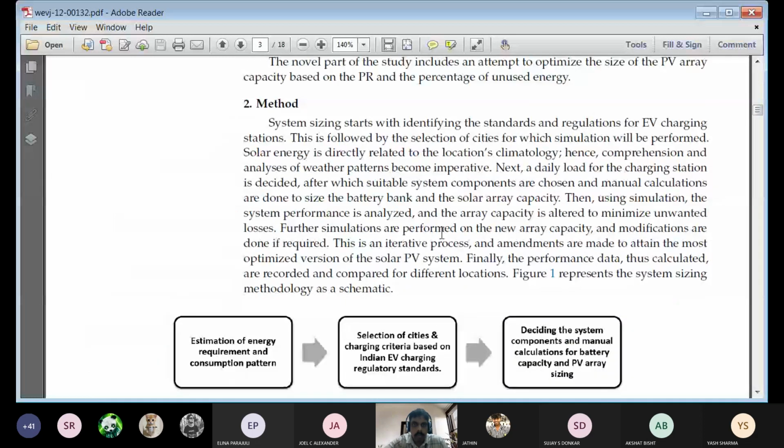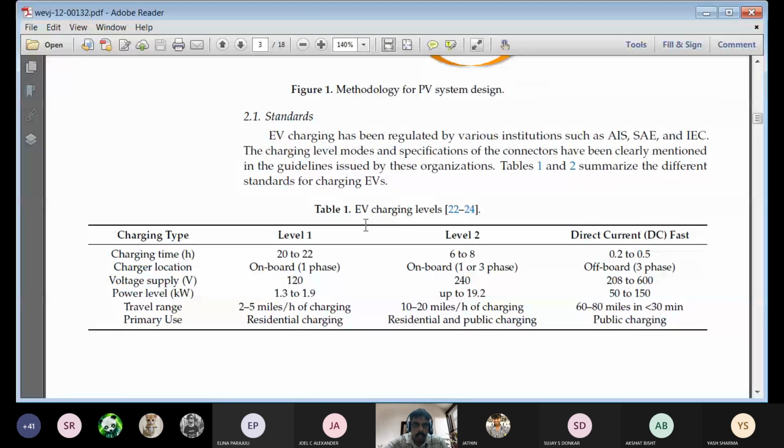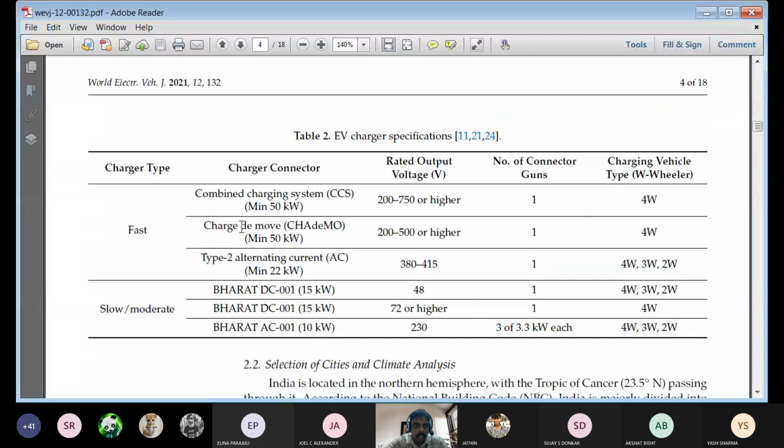They have used a software called PVsyst for simulating the system. What is the system? The charging system. Based upon standards, EV charging standards, charging time, level, all these things they have considered. Fast charging.